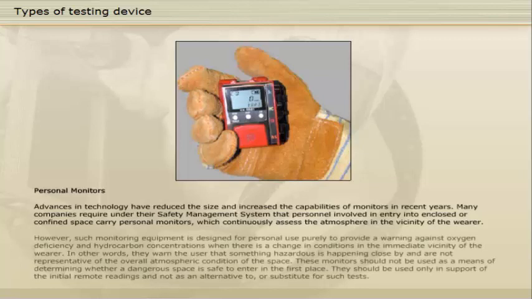However, such monitoring equipment is designed for personal use purely to provide a warning against oxygen deficiency and hydrocarbon concentrations when there is a change in conditions in the immediate vicinity of the wearer. In other words, they warn the user that something hazardous is happening close by, and are not representative of the overall atmospheric condition of the space.